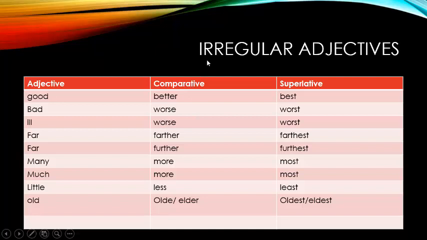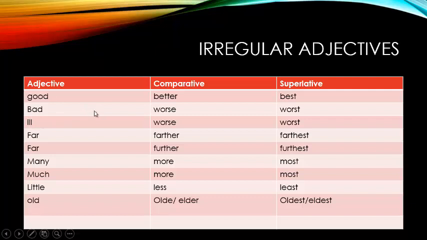Now the language, of course, has irregularity all the time. So with adjectives also we have irregular adjectives. So good, we don't add er, we don't say gooder or goodest. No, good, better, best, and bad, it will be worse, worst.